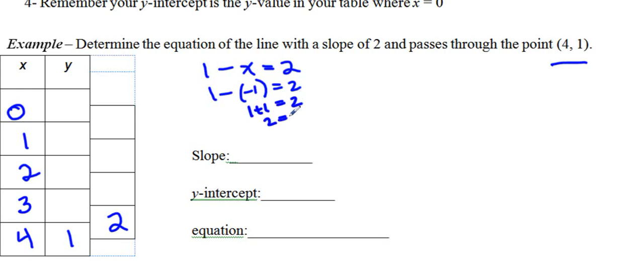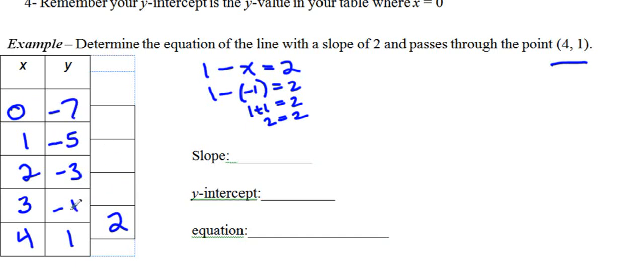Okay. So I know this is negative 1. I'm going to keep going that way, and I'm going to decrease each of these values then by 2. So this becomes minus 3, this becomes minus 5, and this becomes minus 7.